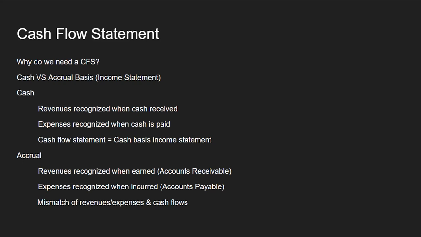So if you have a payroll that isn't paid until after December 31st, you'd still need to accrue that expense in December because the labor was performed in December and not January. So the issue comes down to a mismatch of when revenues and expenses are recorded and when cash is received or paid. So that's basically why we need a cash flow statement.